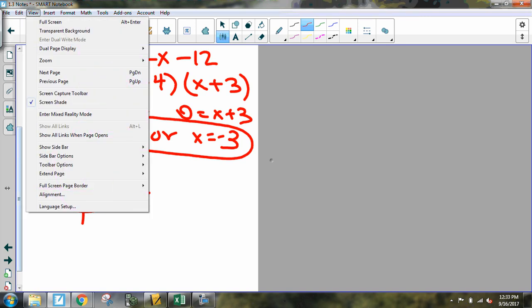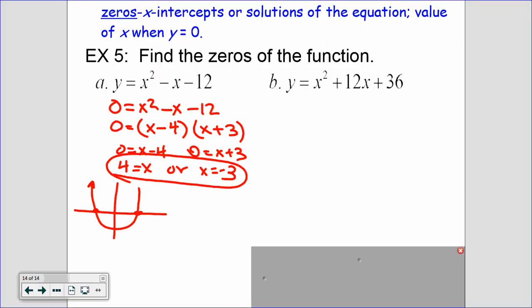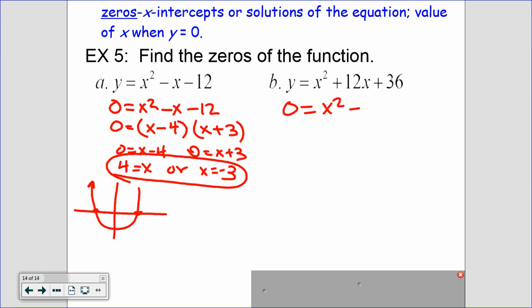Okay. So then the other one, we have 0 equals, or y equals x squared plus 12x plus 36. So again, we're going to plug in 0 for y, and then we're going to factor the right side. And that factors to x plus 6, x plus 6.